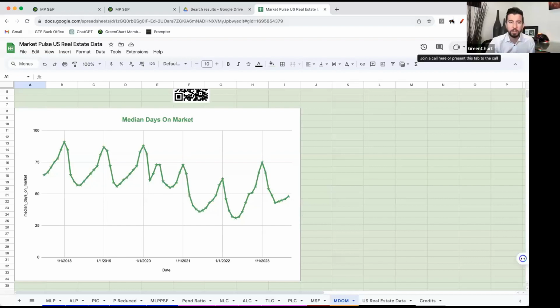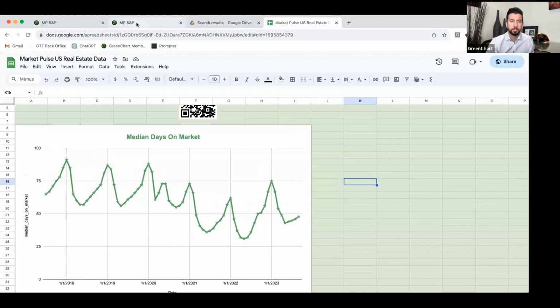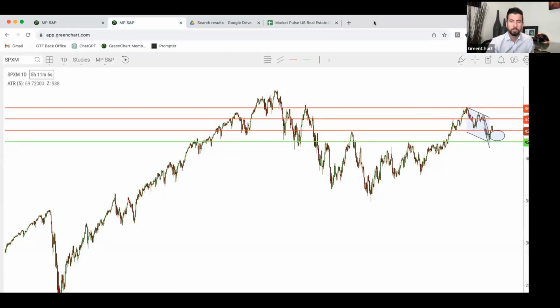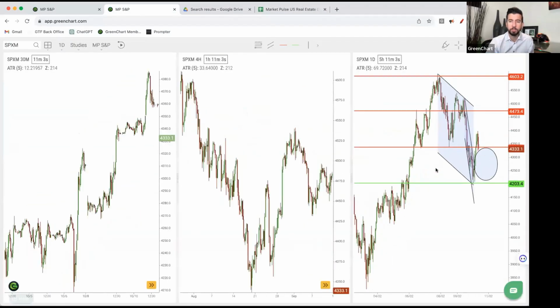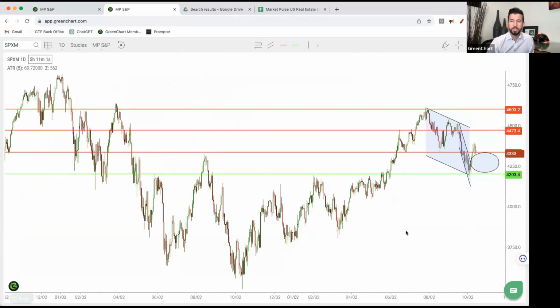Let's jump into our conclusion on the S&P 500. We're going to get you guys a trade here at the end. So bring this back, share. Bring this in. So this was last week.